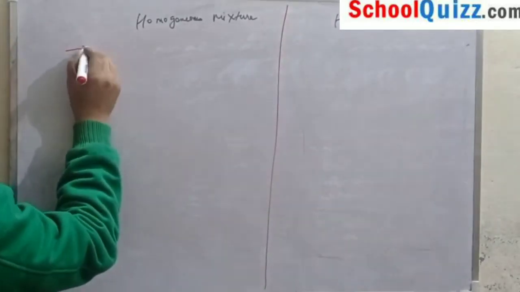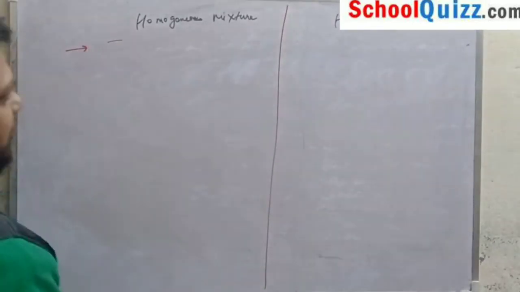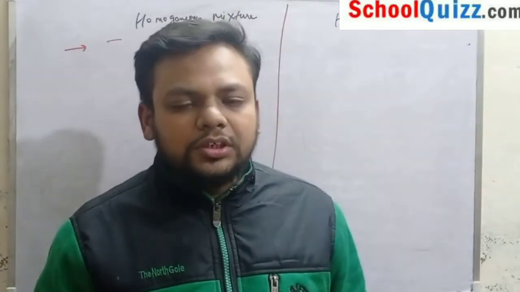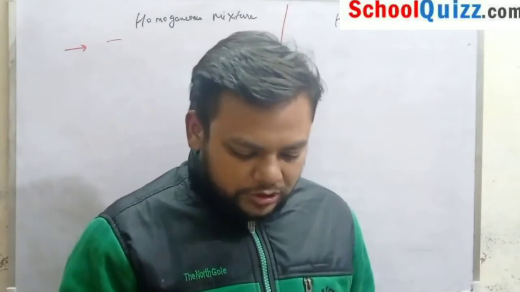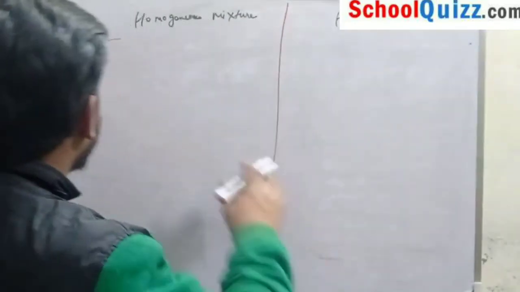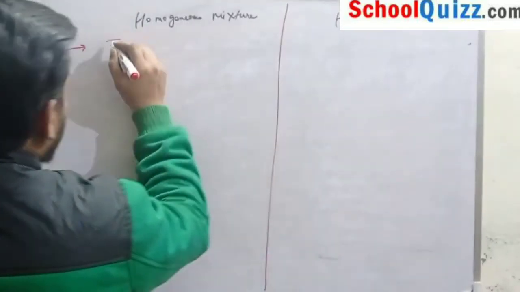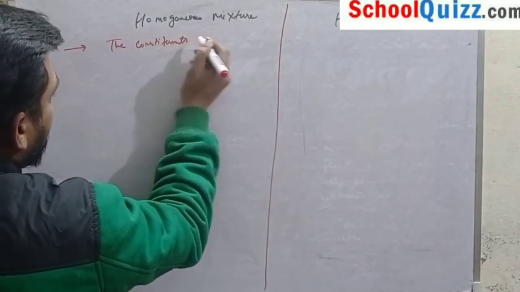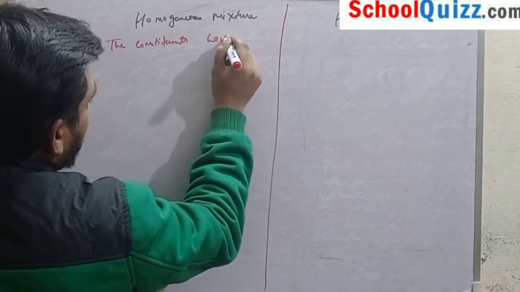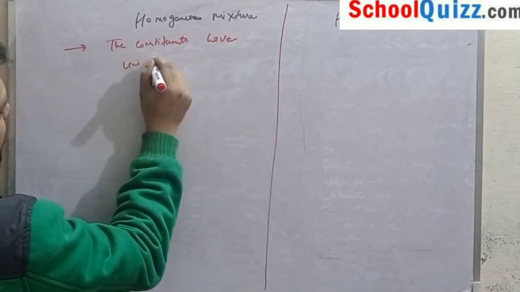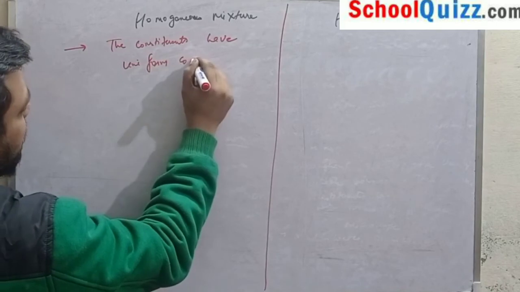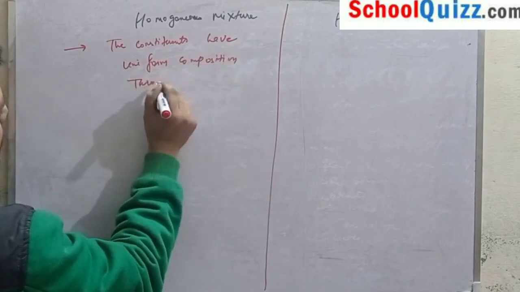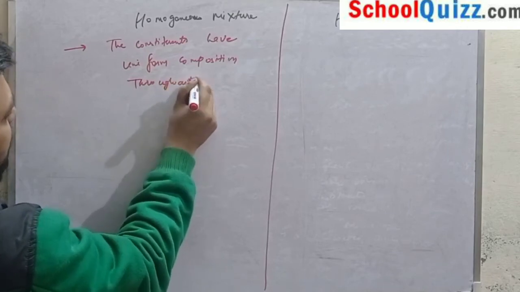So first one is homogeneous mixture. What was a homogeneous mixture? One whose constituents have uniform composition throughout.